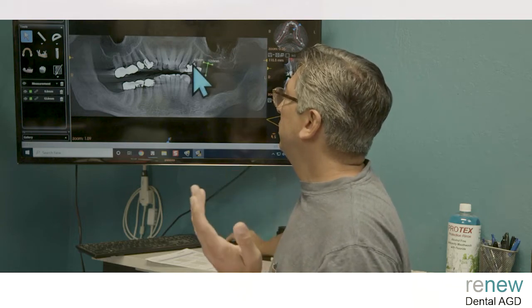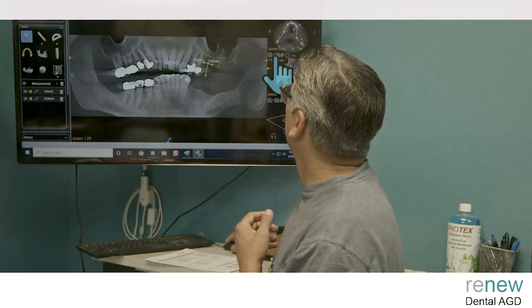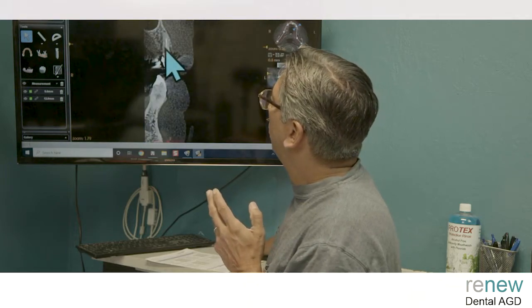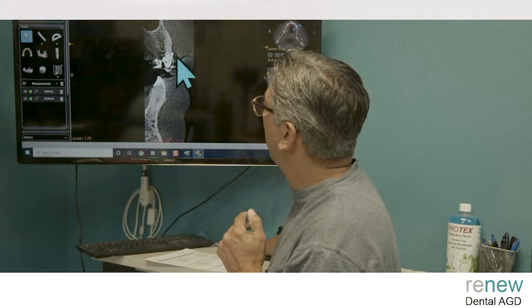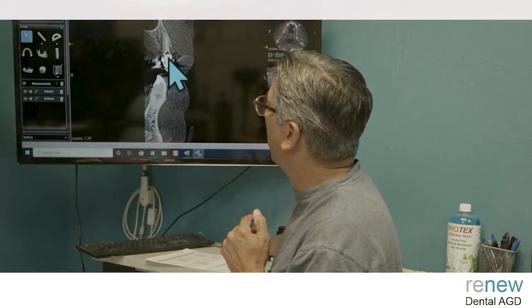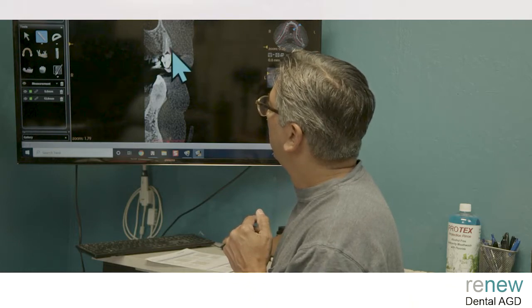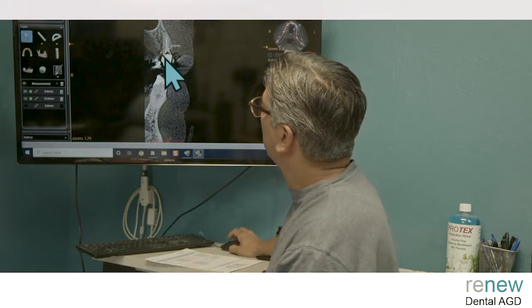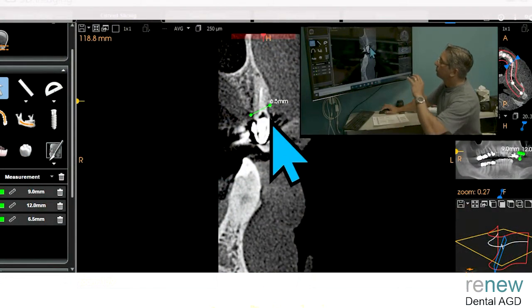So let's take number 12 right now. Take a look at that. So we've got a little bit of thin facial plate here, and you can see where things are a little bit in trouble right here, and he's lost some of that bone right here. So yeah, that's not great.